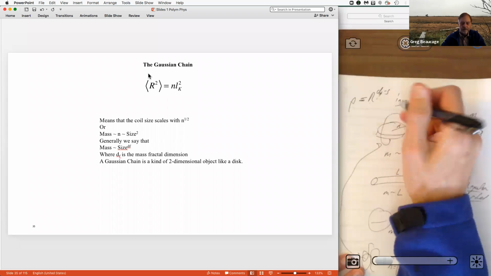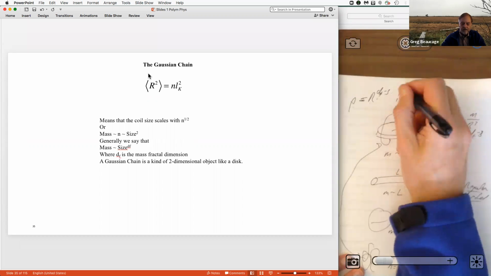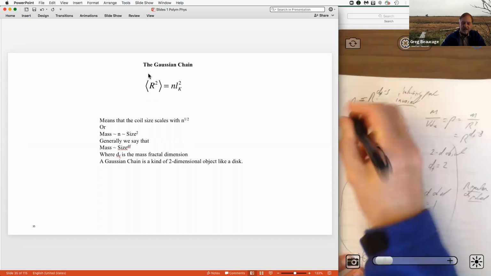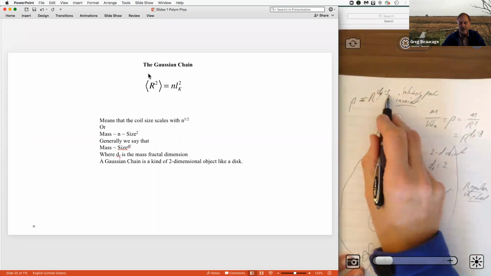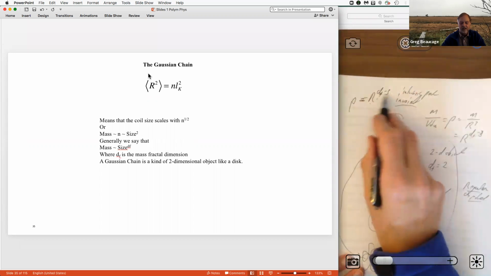It's an intrinsic property. But for something that doesn't have dimension 3, the dimension has to be less than the spatial dimension 3, so df has to be less than 3. So the density would always decrease with size for any object that isn't 3D.